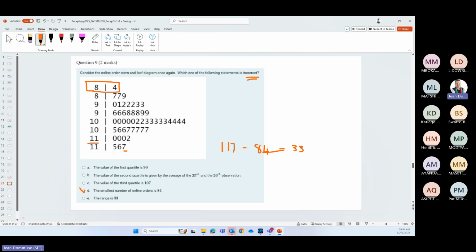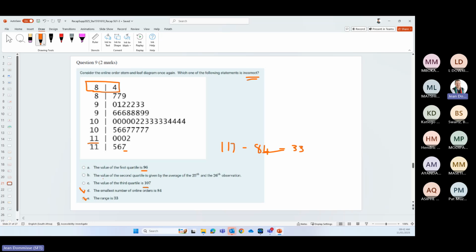So that one is also correct. The reason why I start with those two is it's the easiest. So yes, first quartile we can work out, third quartile we can work out, and here they tell us the value of the second quartile.